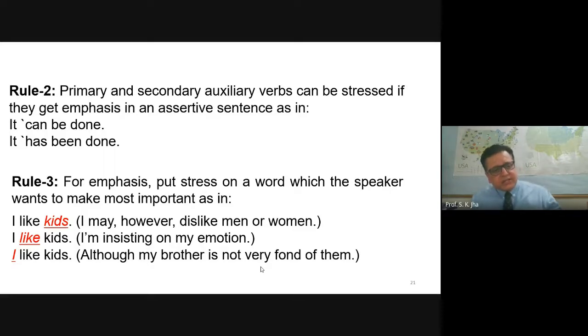Then in the second sentence, you are giving stress or emphasis on your emotion. I like kids. But in the third one, you say, I like kids. Maybe my brother is not very fond of them. So here you see that whatever words are of importance or prominence, you can emphasize depending on what you want to accentuate.